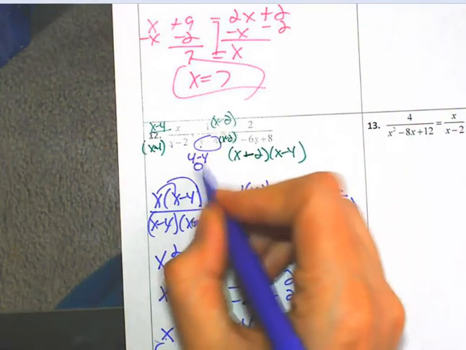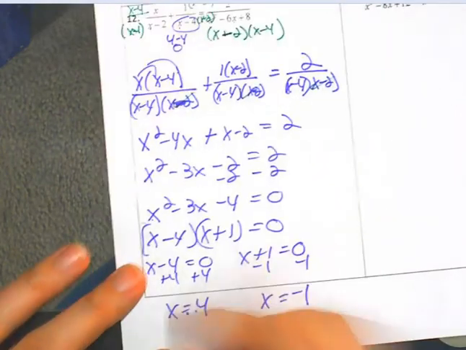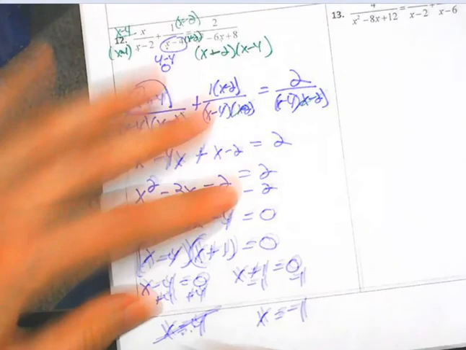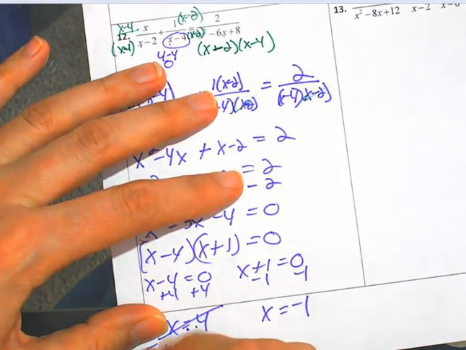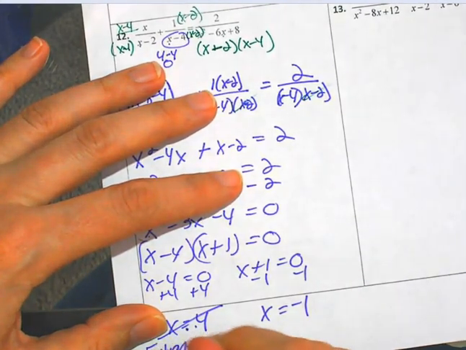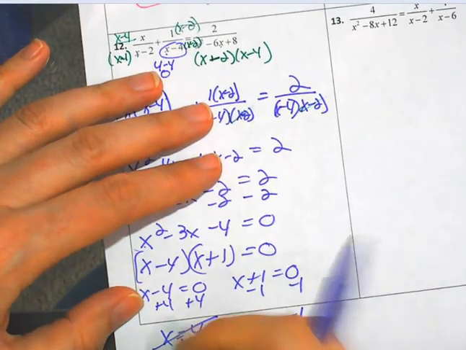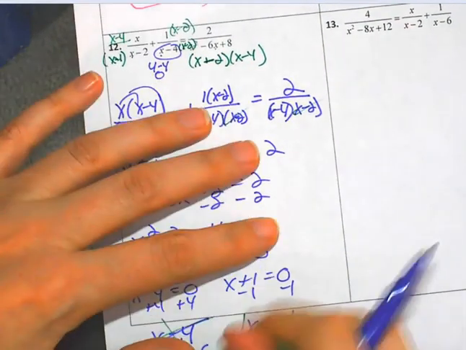My denominator cannot be 0, which means 4 is an extraneous solution. So that's not a solution. X equals 4 is not a solution, but this one is.